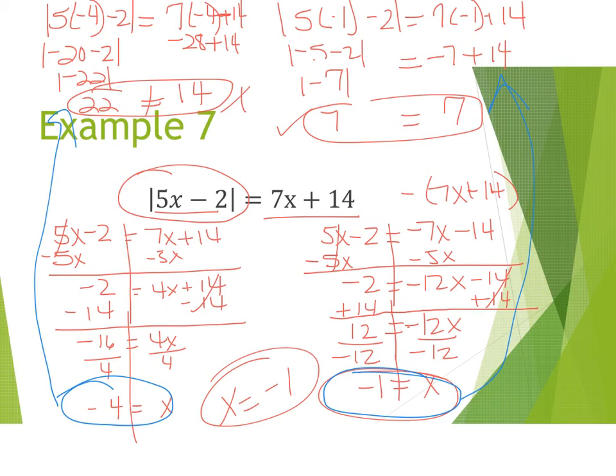Well, that's not correct, because 22 does not equal 14, so negative 4 is an extraneous solution, an extra solution that I get when I solve the problem, but one that doesn't work when I plug it in. My second solution, x equals negative 1, when I plugged it in for x on both sides of the equal sign, I got 7 equals 7, and that's a true statement, so that works. So I only have one solution, x equals negative 1.